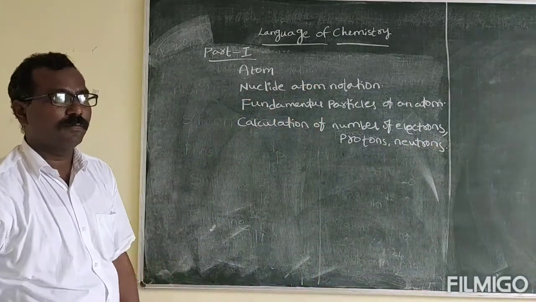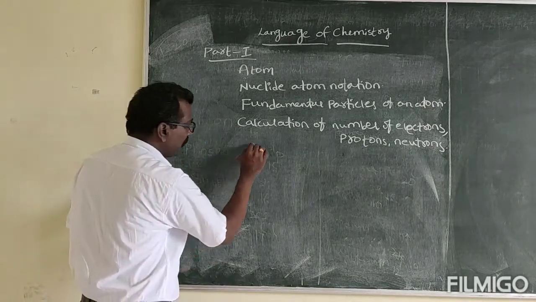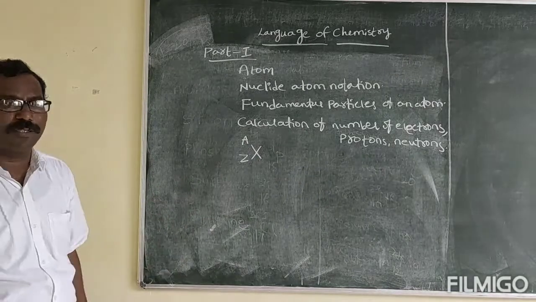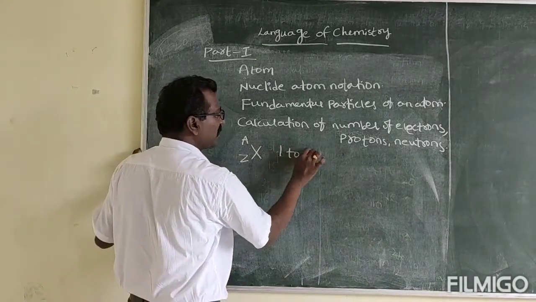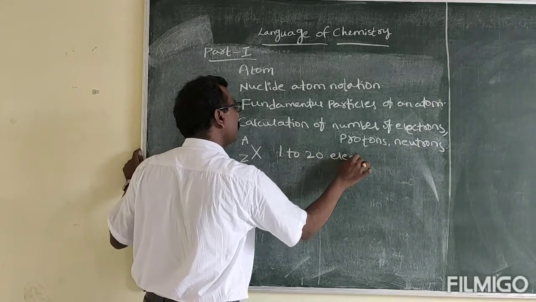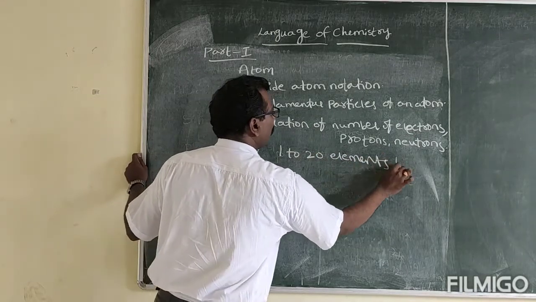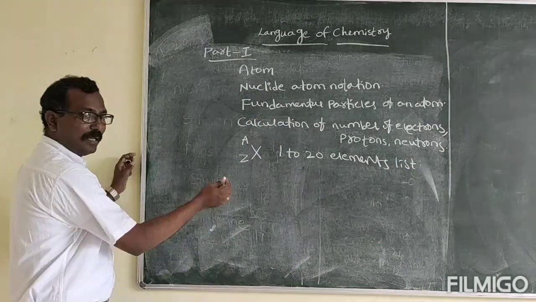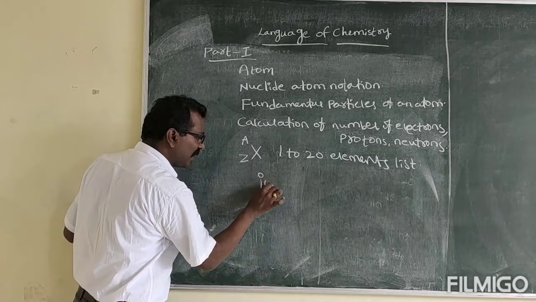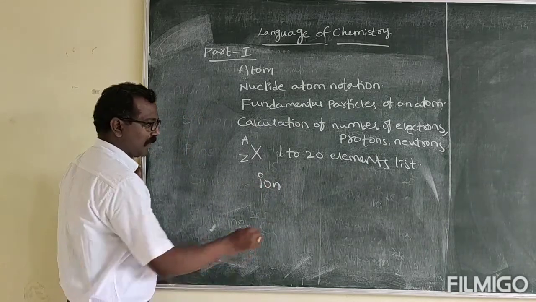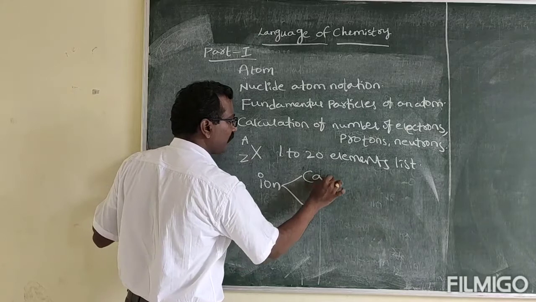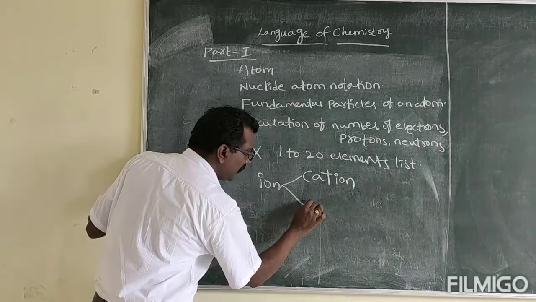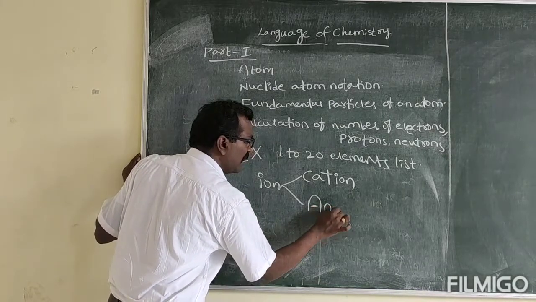We have that. And next, in the form of nuclide atom notation, the 1 to 20 elements list we have given you, and later what is an ion, types of ions, when an atom will become a cation and when an atom will become an anion.